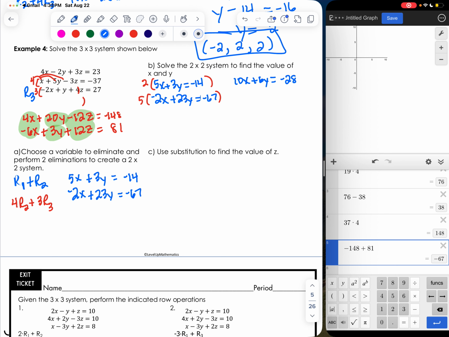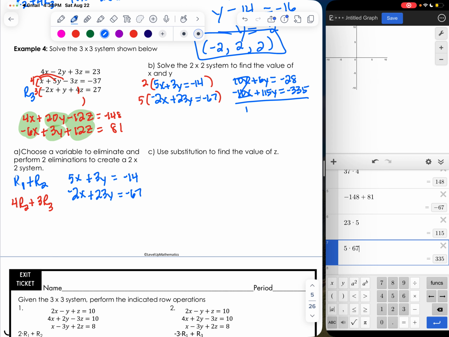On the bottom row, I get negative 10x. Let's see, what is 23 times 5? That would give me 115y. And then 5 times 67, negative 335. Now add these together. The x's eliminate.